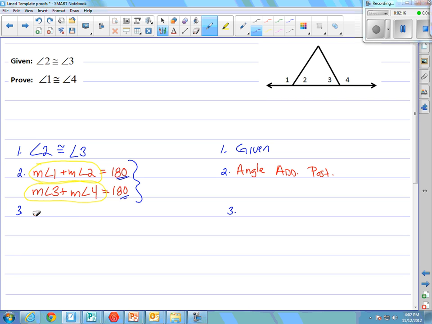So I'm going to say measure of angle 1 plus measure of angle 2 is equal to measure of angle 3 plus measure of angle 4. And the reason we can do that is because measure of angle 1 plus measure of angle 2 was 180, and measure of angle 3 plus measure of angle 4 is equal to 180. They were both equal to the same thing, so let's just set them equal to each other. Let's cut out the 180 and not even worry about it. Let's just say these two things are the same. And that's essentially the best answer, the transitive property.